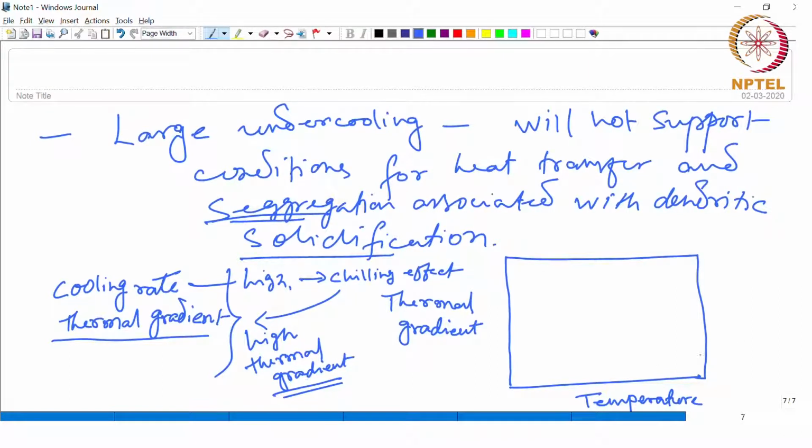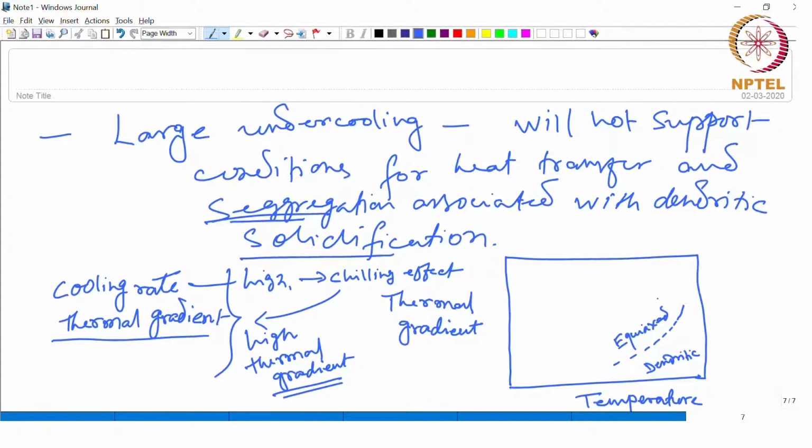Okay. So, if you are on the higher temperature side, then you are in the dendritic region here, higher temperature and lower thermal gradient, and as you increase the thermal gradient, then you can enter the equiaxed region. Okay.